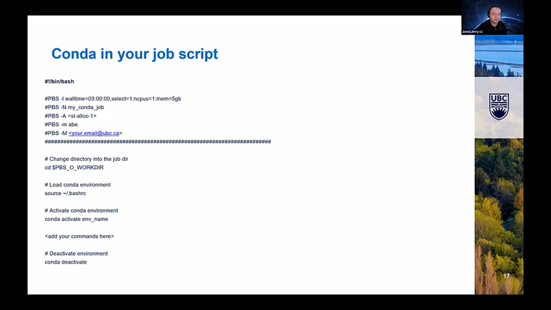But under this, first you need to do source ~/.bashrc to start your Conda, and then activate your Conda environment. Then you put your command here, for example, Python blah blah or R blah blah. After that, do conda deactivate to deactivate the Conda environment.